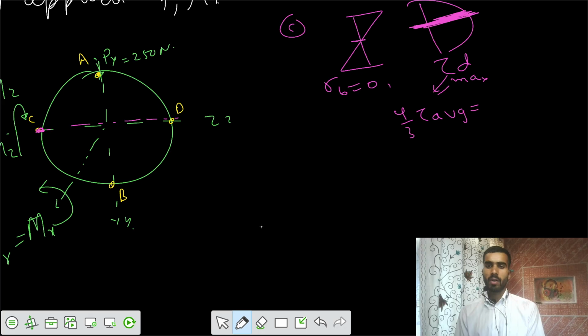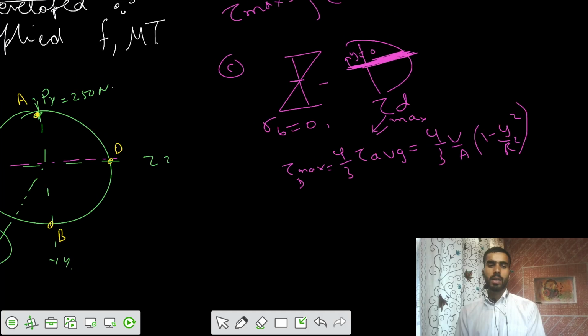That's the equation we have, 4 by 3 V by A into 1 minus y square by r square. We have derived this equation. You substitute the value of y equals 0, that means the point on the neutral axis. So tau direct maximum would be equal to 4 by 3 tau average.